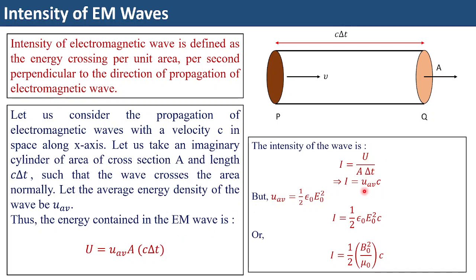So if you do that, you will get ultimately U average into C. But U average is equal to half of epsilon naught E naught square, already we have got from the previous slide. If you put it back, then you get these two relations. This is intensity in terms of the electric component, and this is the same expression of intensity of electromagnetic wave in terms of the magnetic component.